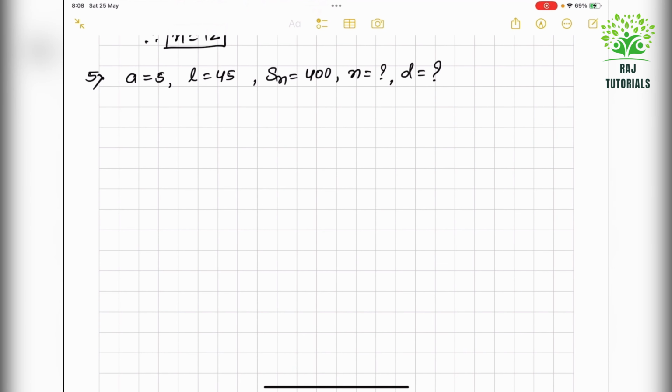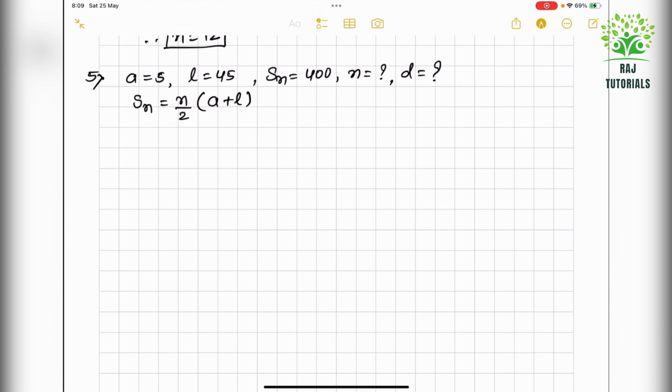Here I am given the first term of an AP is 5, the last term is 45, and the sum is 400. Find the number of terms and the common difference. So a equal to 5, l equal to 45, and Sn I am given. So we know that Sn equal to n by 2 into a plus l.